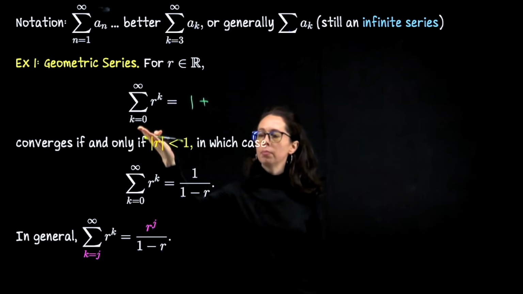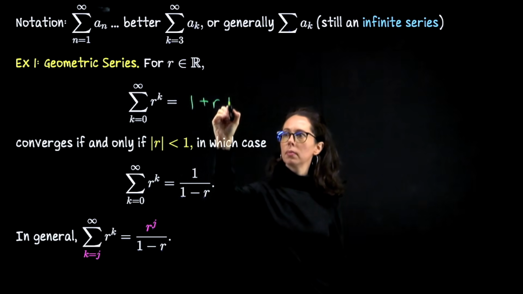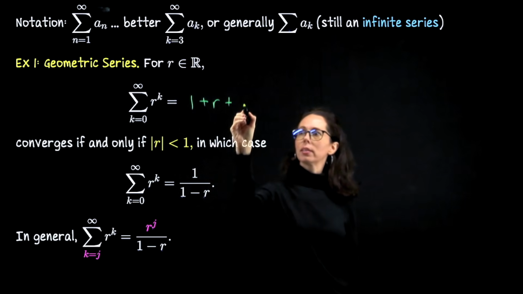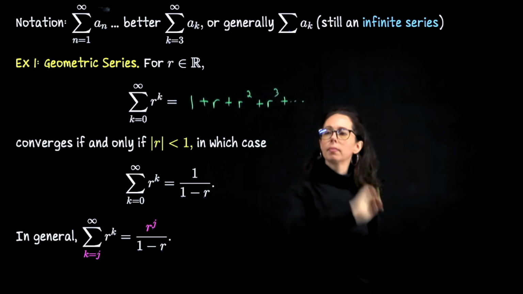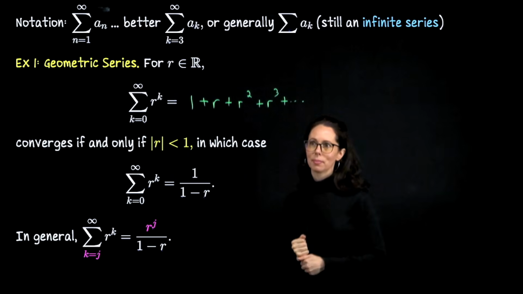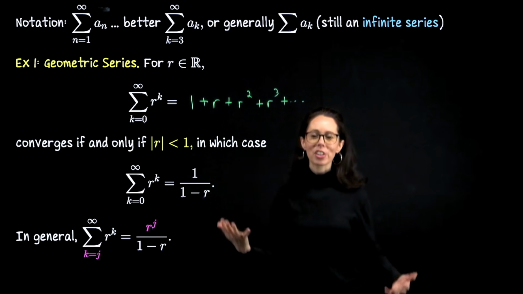The second term, you bump this up to k equals 1, is r to the 1, and then r squared, r cubed, etc.